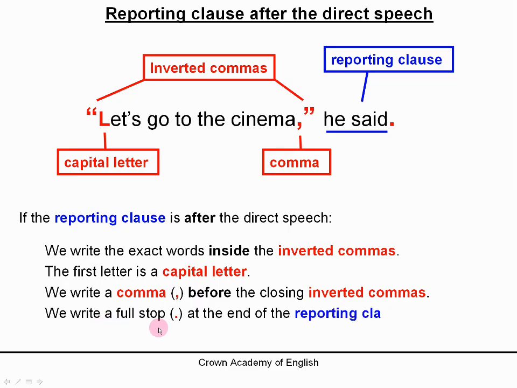And we write a full stop at the end of the reporting clause. So the full stop is here. Okay? So it is slightly different when the reporting clause is after the direct speech. It is different.